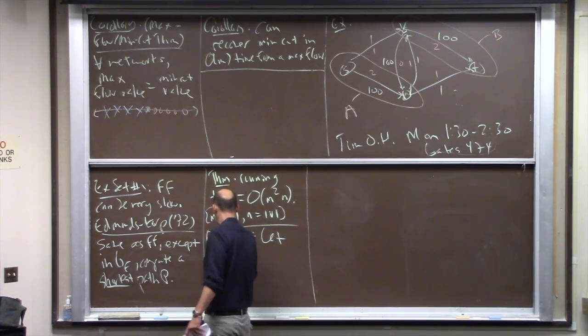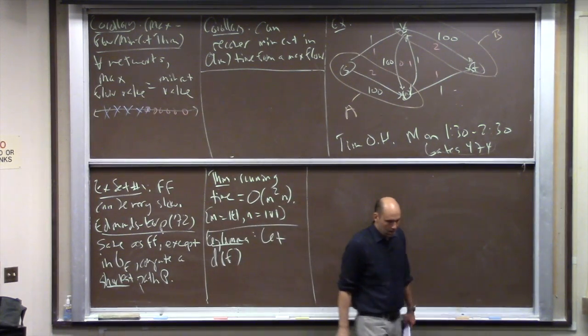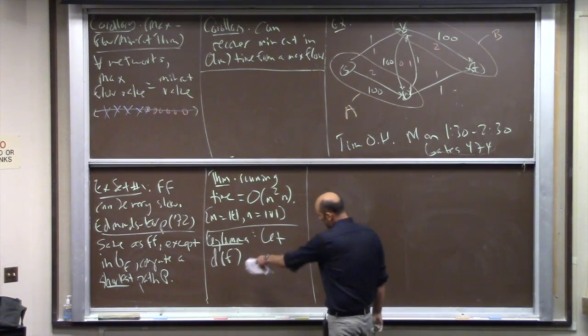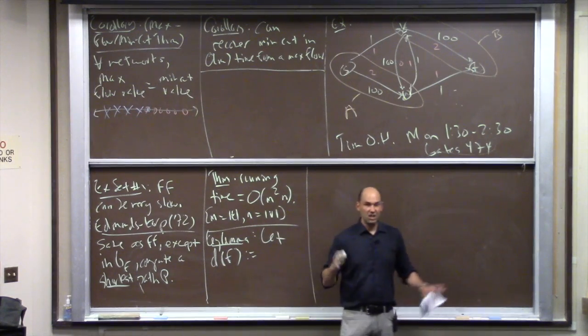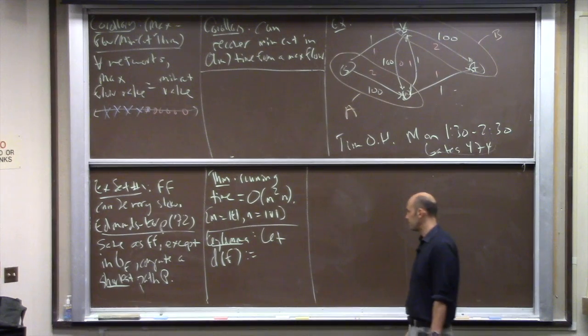Okay, so fix a network G. Think of that as fixed. And we're going to be computing a sequence of flows as usual. And given a flow F, d of F is just going to be the distance between S and T in the current residual graph. Okay? Fewest number of hops.